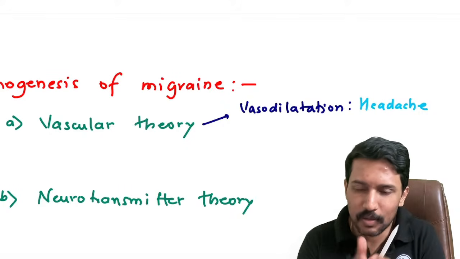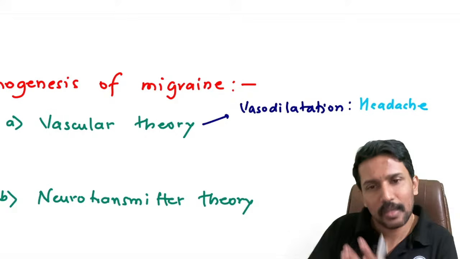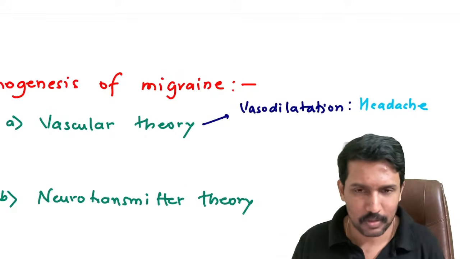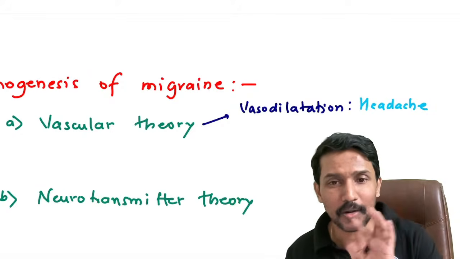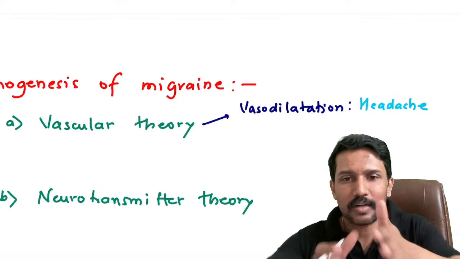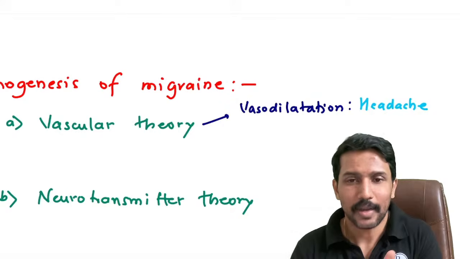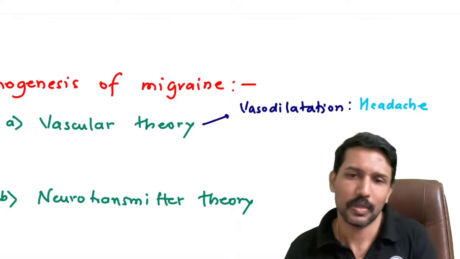If I constrict or reduce the blood flow to the motor area, I will lose the motor function. I will become hemiplegic. If the right frontal lobe loses the blood flow or it comes down, I will develop left-sided hemiplegia as part of the aura. So it all starts with vasoconstriction. We get the aura, and to counter that, the body causes vasodilatation, and that vasodilatation leads to headache.